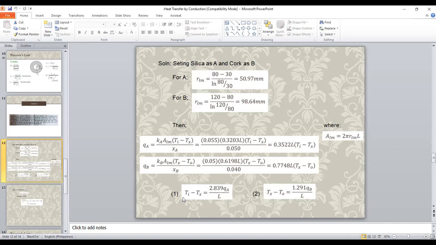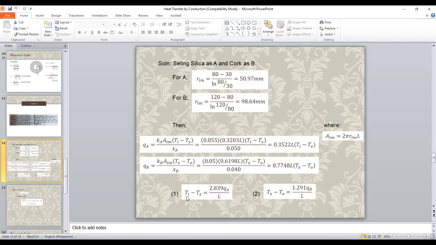Why add T sub I minus T sub X, being equal to this, to T sub X minus T sub O, which is equal to this? It's just like, I'm about to say the answer.